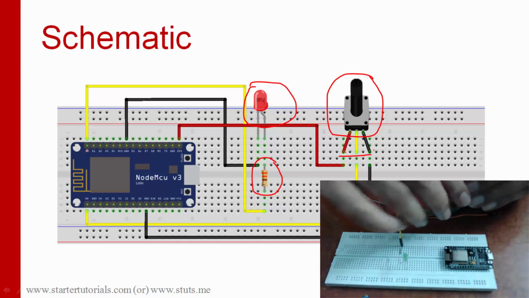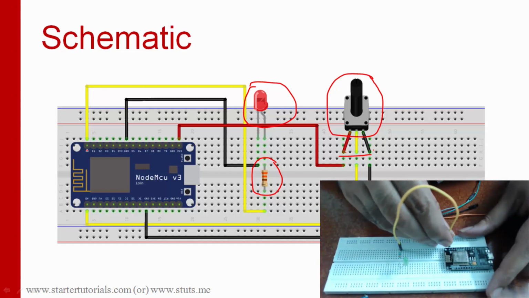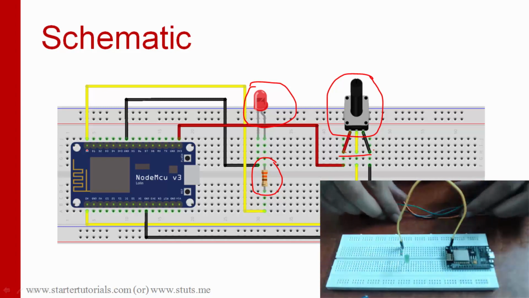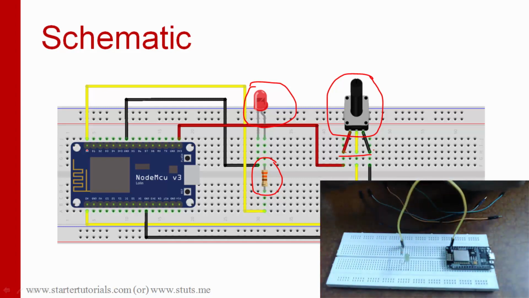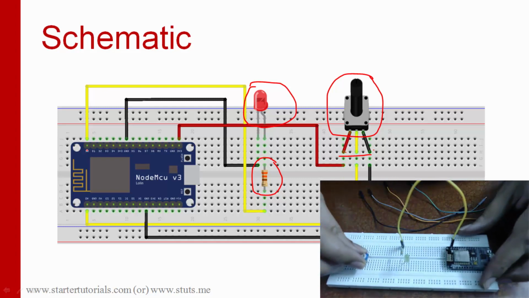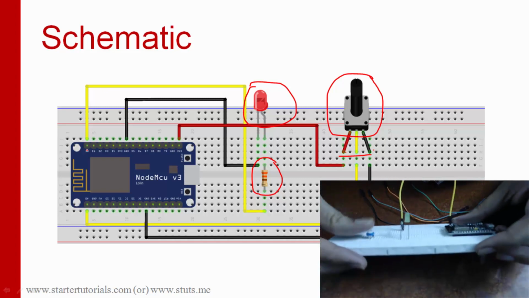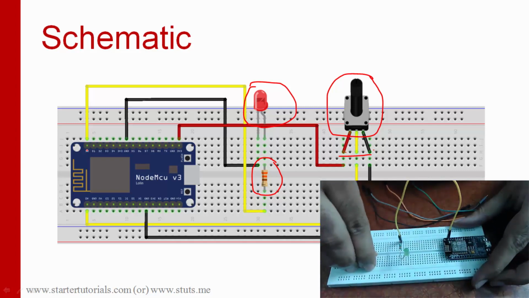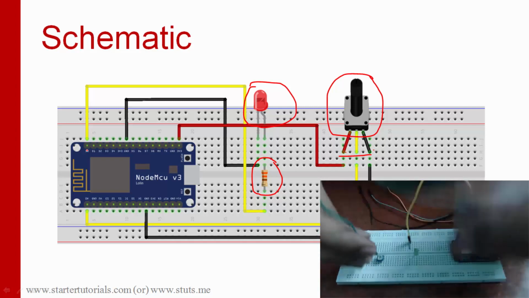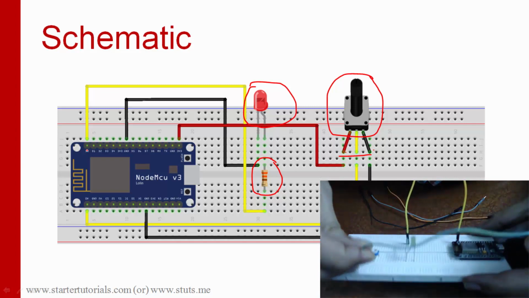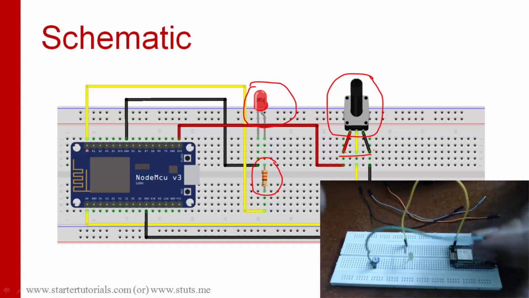So this resistor is connected to D0, and let me insert the potentiometer. The single pin which is on one side will go to A0.